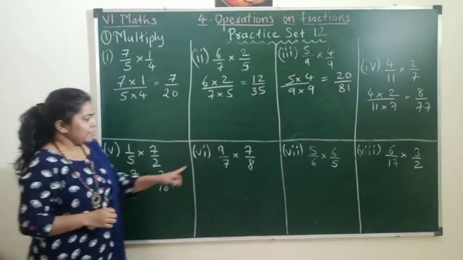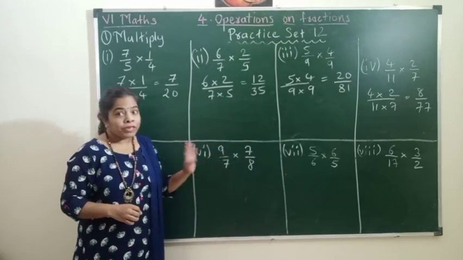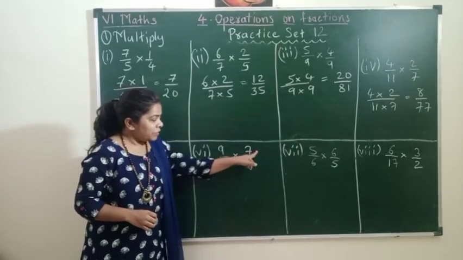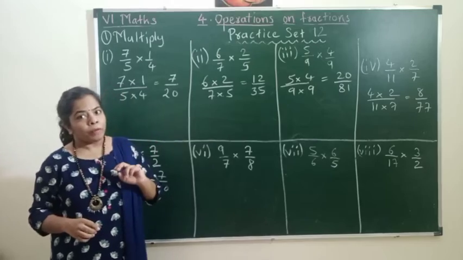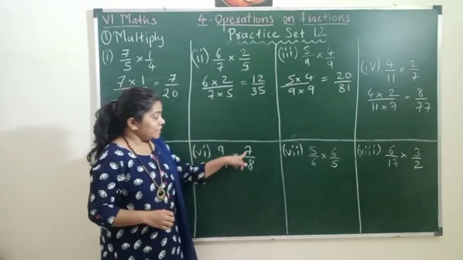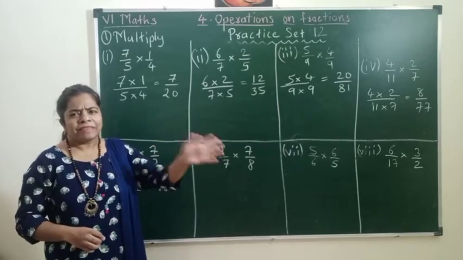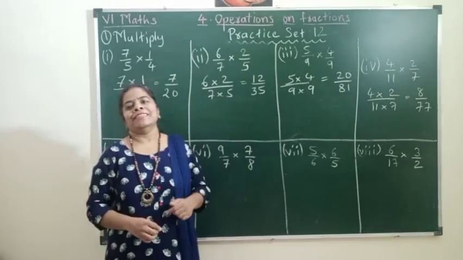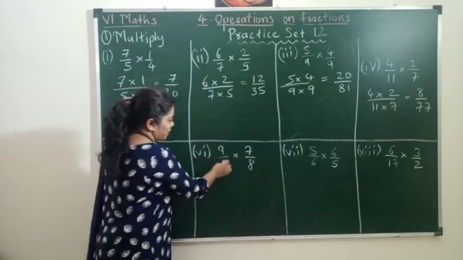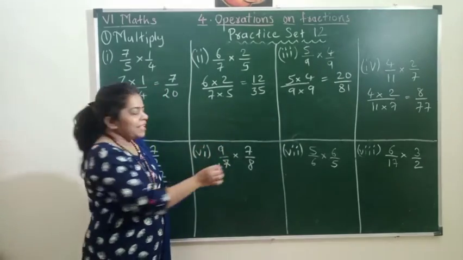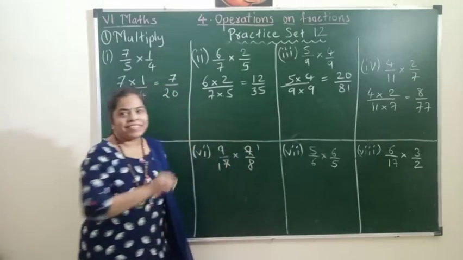Next one. 9 and 7 don't come in common table. 7 and 8 do not come in common table. 7 and 7, yes, they come in the table of 7. 7 1s are 7, 7 1s are 7.